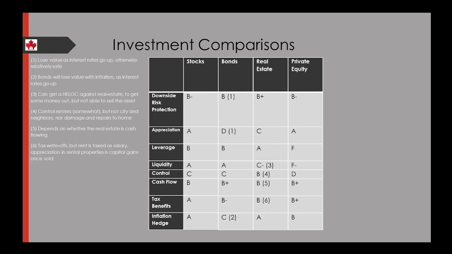Cash flow, depending on the investment that you choose, there could be some good cash flow. I own a REIT privately called Centurion REIT, which on the 15th of every month, I get $200 in my checking account, like clockwork. You could set your watch by it.